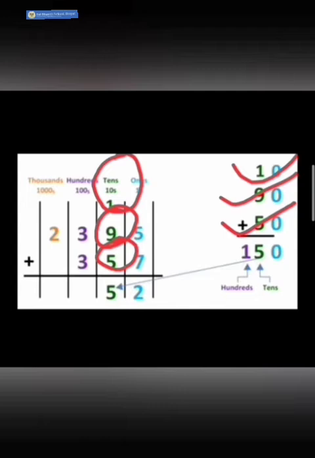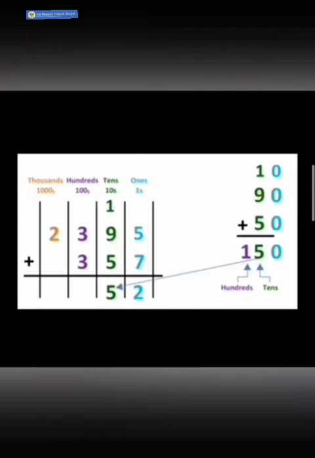So on adding 10, 90 and 50, you get 150. But we will use the numbers removing the 0. Can you see zeros in blue color here? It is just for reading.